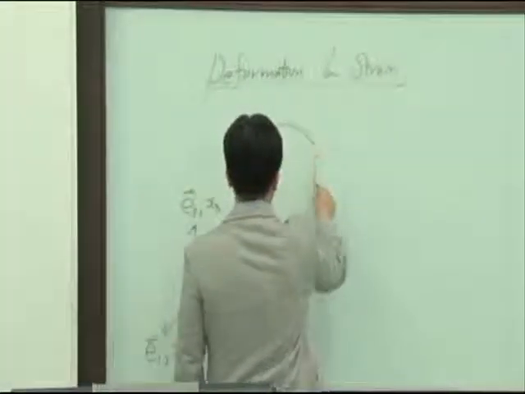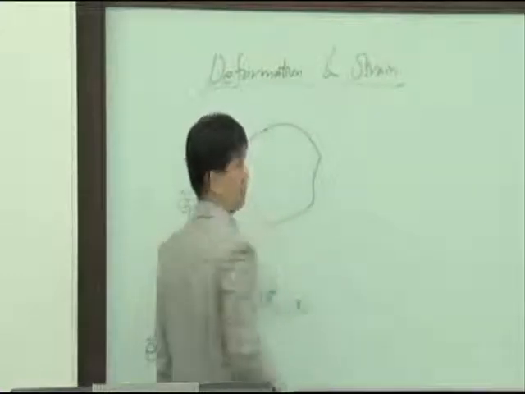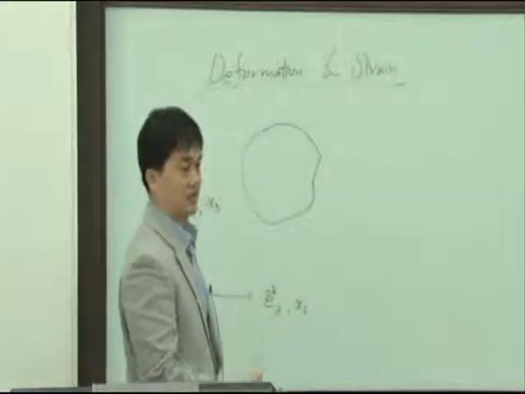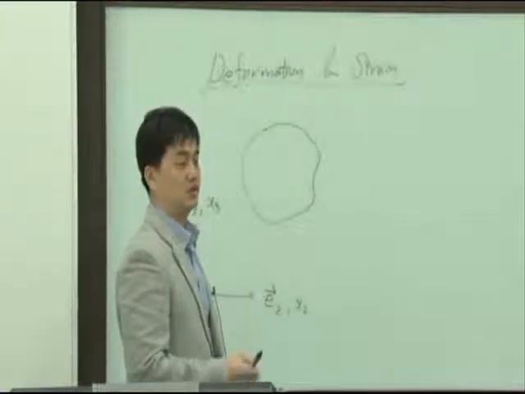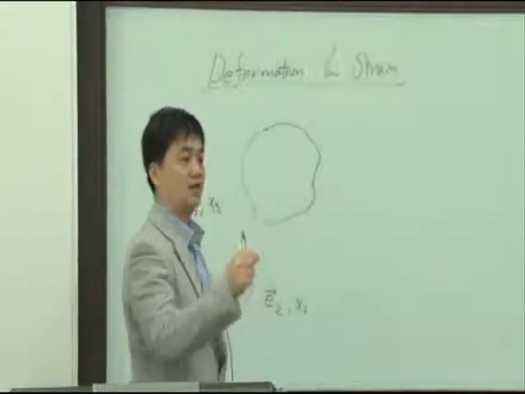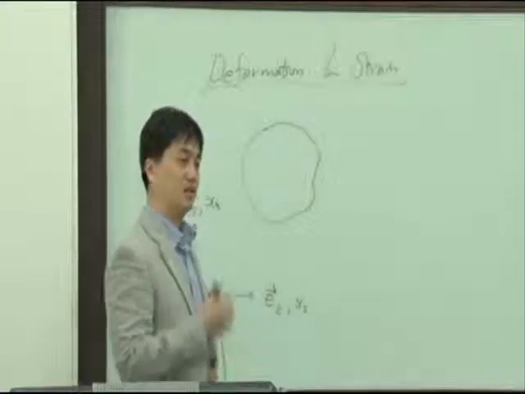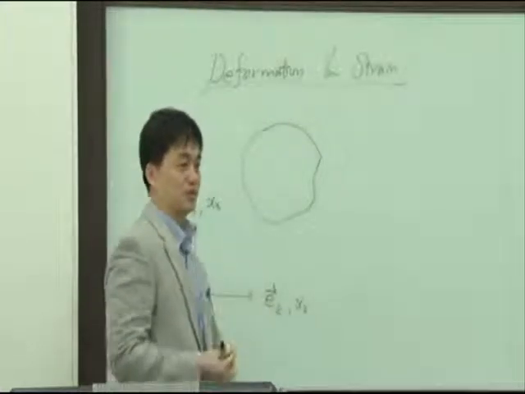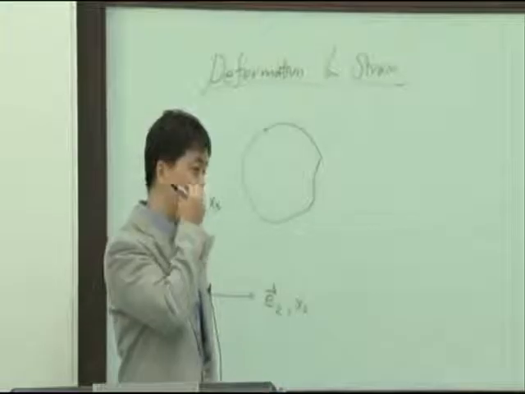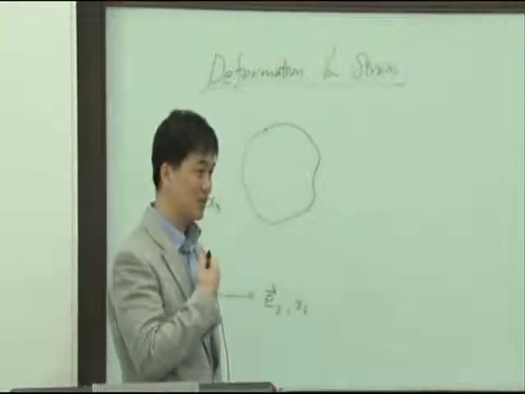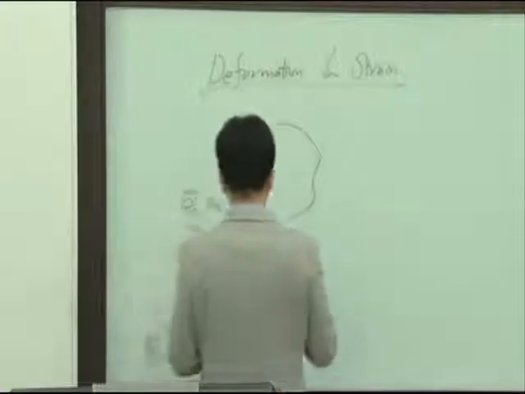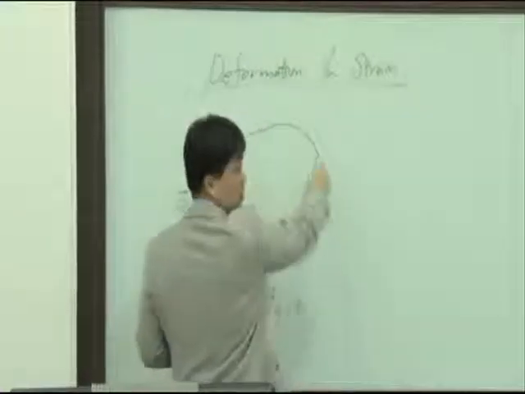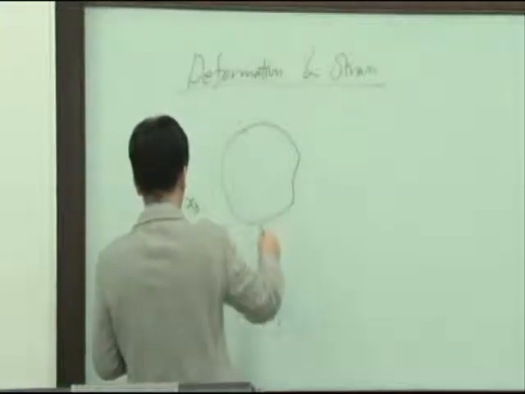And let's say we have a body here. This is a body. A body consists of a lot of particles, right? Our human body is also made of a lot of small particles, right? Small particles. And this one is made of a lot of particles.